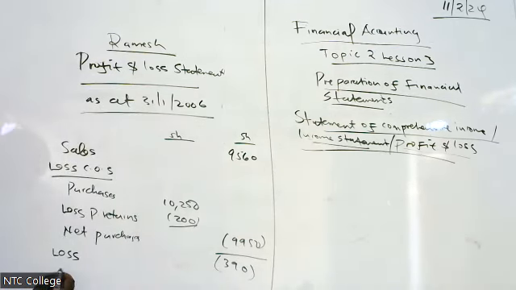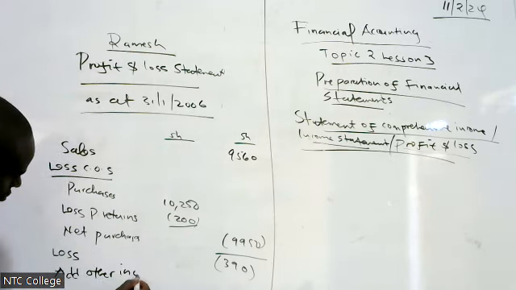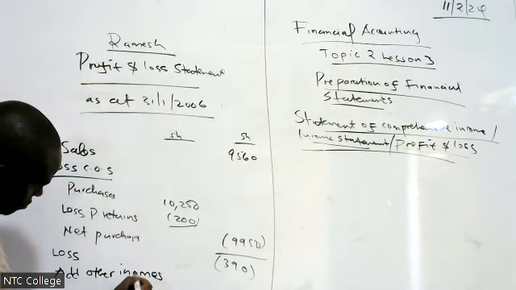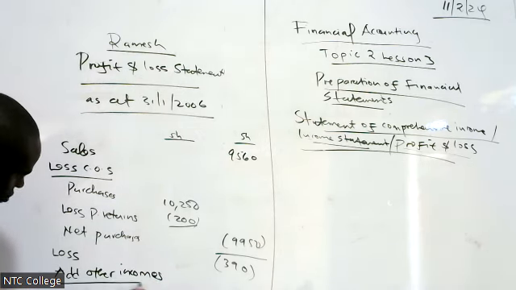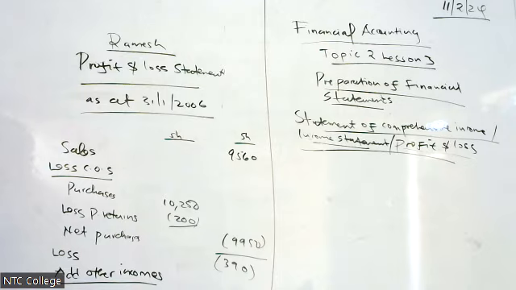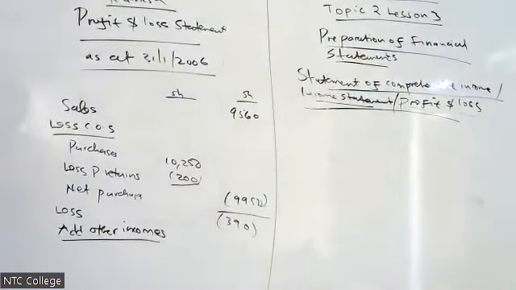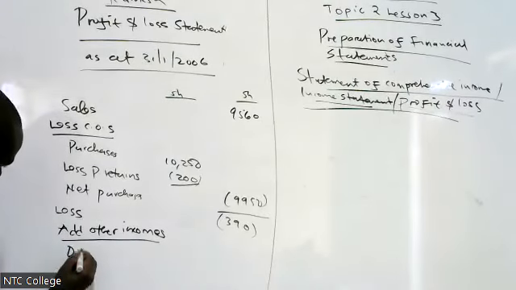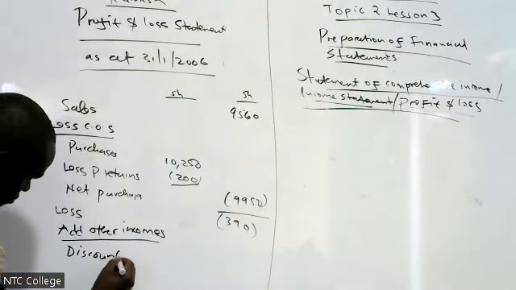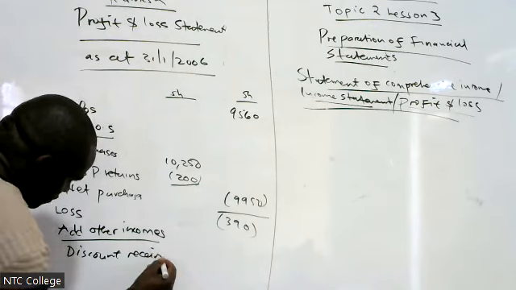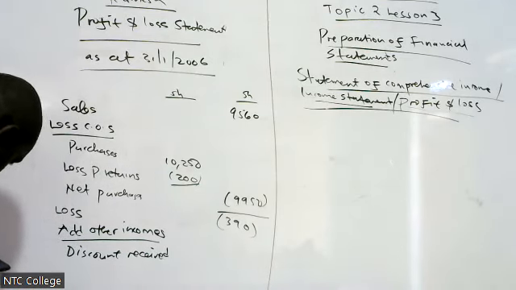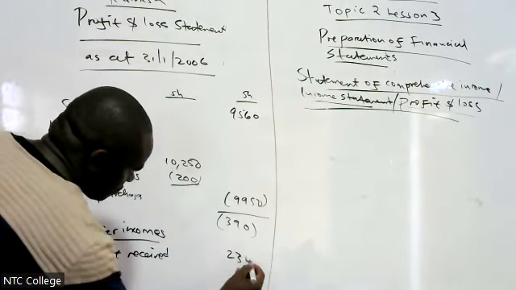Then add other incomes, which was discount received of 230.